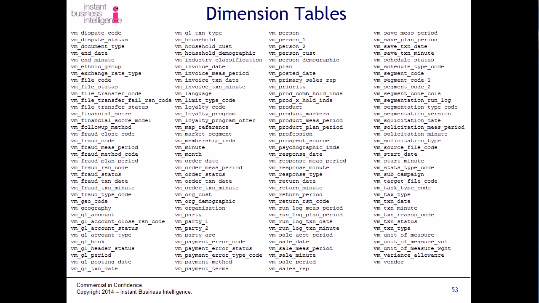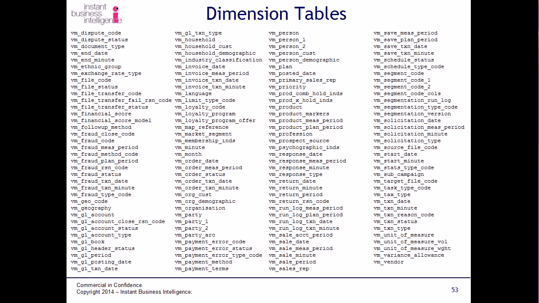Then all the fraud dimensions, the fraud close code, so what we closed out the fraud with, the fraud code itself, the fraud method code, how was the fraud perpetrated, fraud reason code, if we ever find out why the person committed the fraud, the status of the fraud, and then the fraud type. So they're all descriptive tables about fraud.